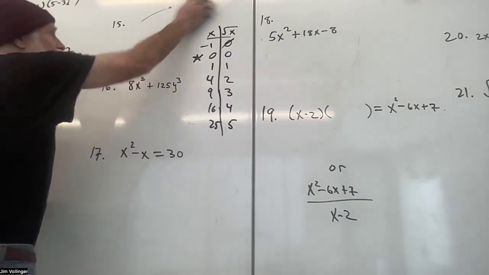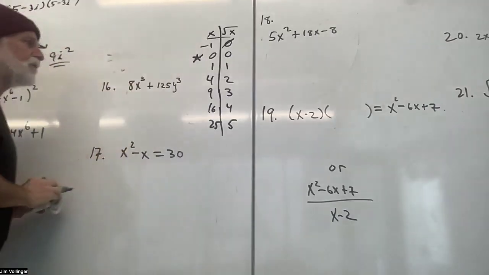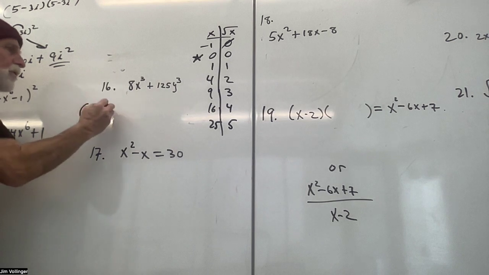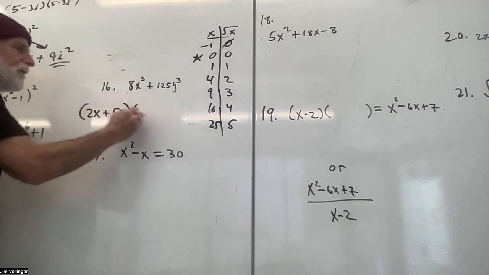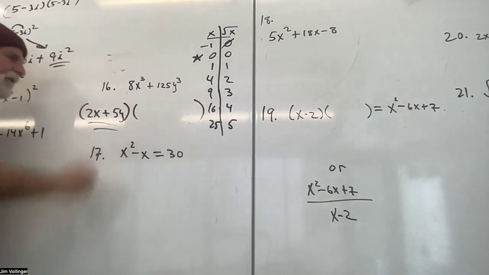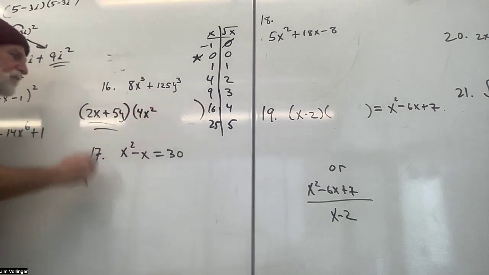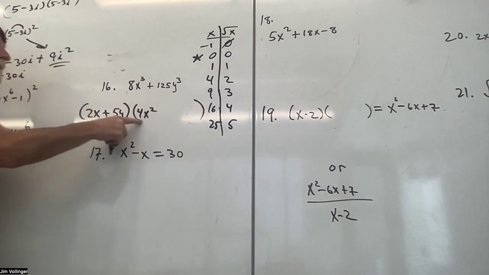We just started factoring the sum and difference of two cubes. Do you remember the conversation from yesterday? Working with the cube roots. Everything in the next parentheses comes from here. I got to get 8x cubed. The only thing that works is 4x squared, so I just got to square that number to get that.